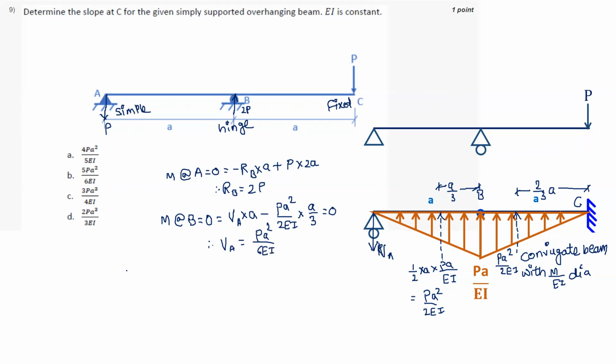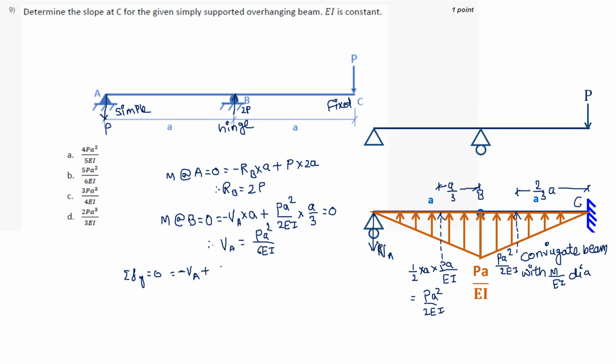Now what is summation Fy? Then we will have minus VA, as downward.